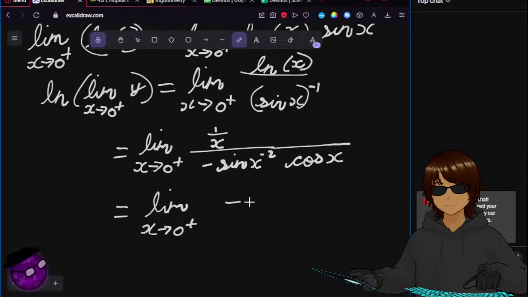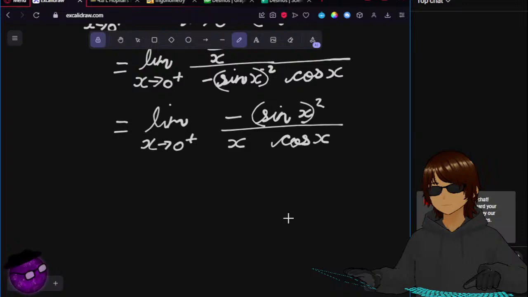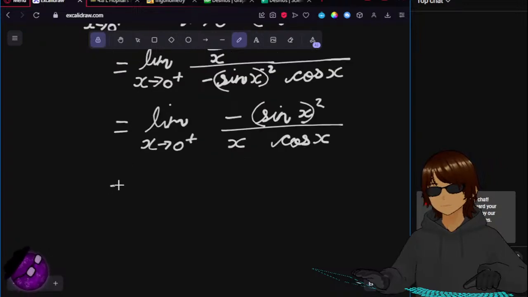So minus, wait. This is correct, right? One is equal to sine square x plus cos square x.